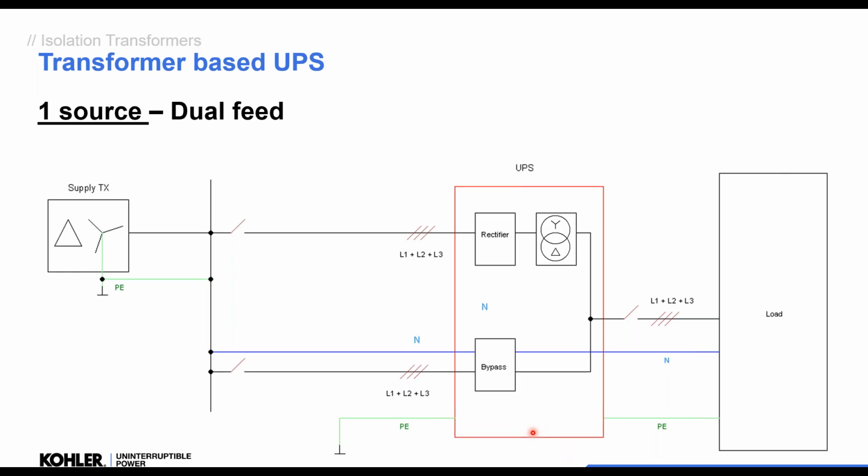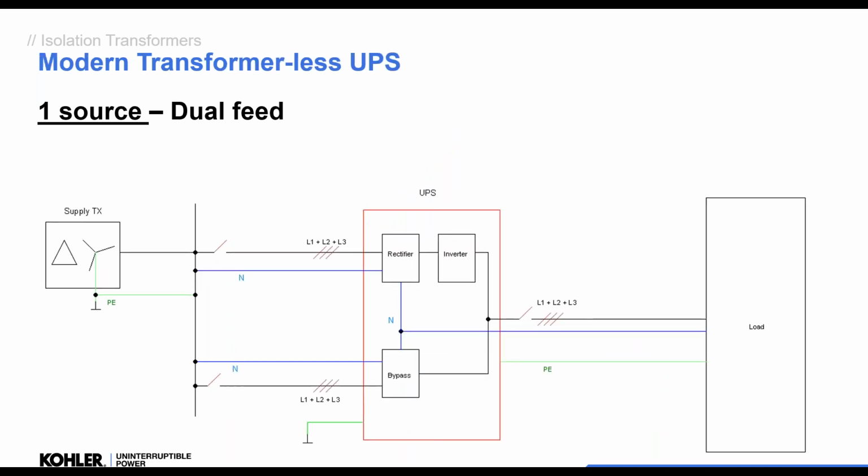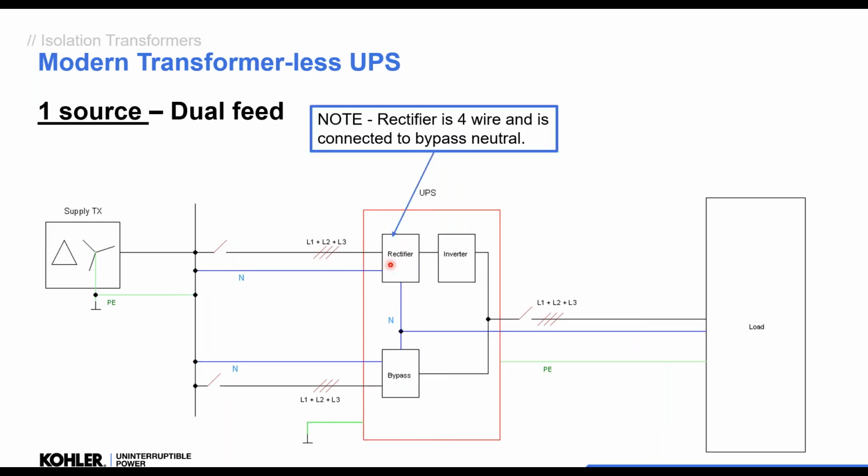Now, a traditional older design transformer-based UPS would have a 3-wire rectifier and a 4-wire bypass where the neutral is going round. Okay, so there is no neutral to the rectifier. Now, on a transformerless UPS, a modern UPS, we have a 4-wire rectifier and a 4-wire bypass, and the neutral is connected from both inputs together within the UPS.